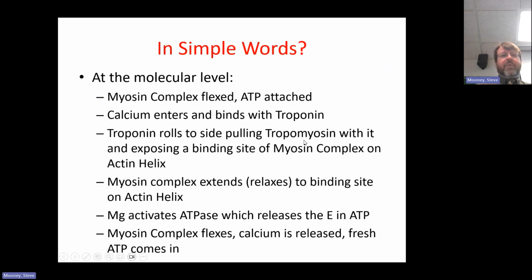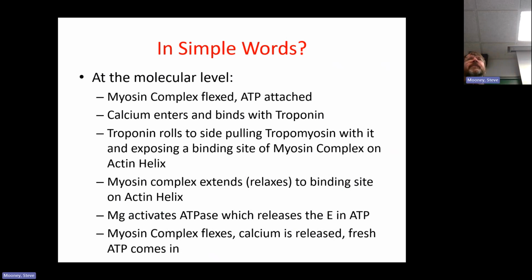So if you were going to do this in simple words, how would you describe this happening? What happens first? Probably from your perspective, we say calcium comes in and does what?